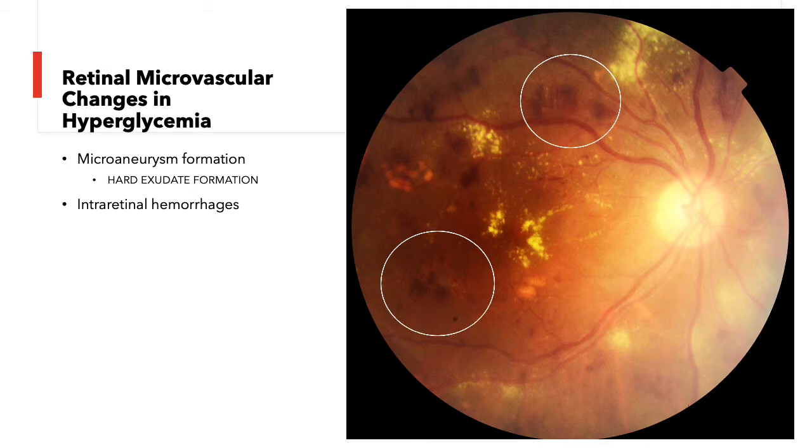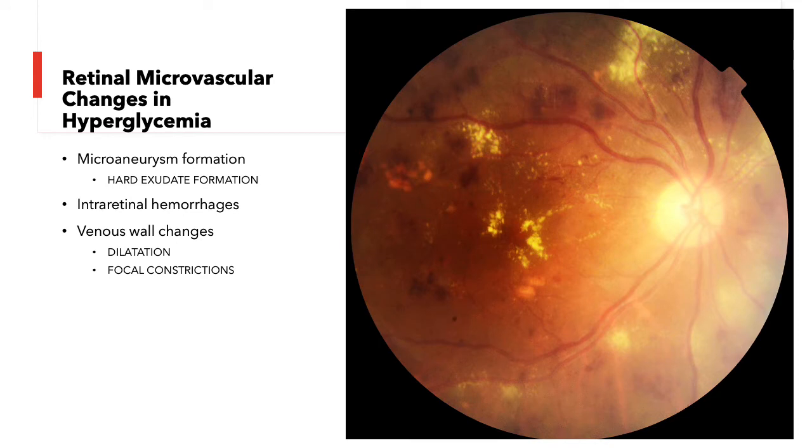The result is the formation of intraretinal hemorrhages of varying sizes and shapes, which you see as red areas scattered all over the retina. Like your hard exudates, they are not a direct effect of your diabetes. They are a consequence of the changes in the blood vessels, the weakening, the increased intravascular pressure.